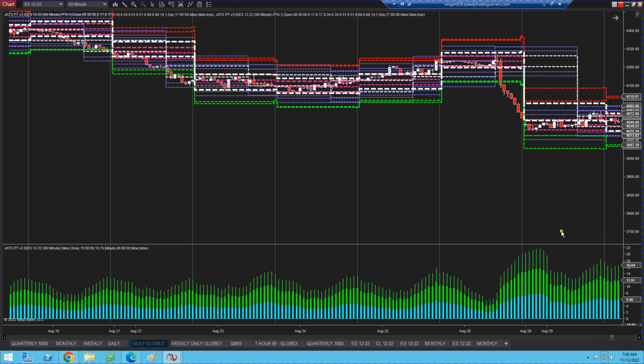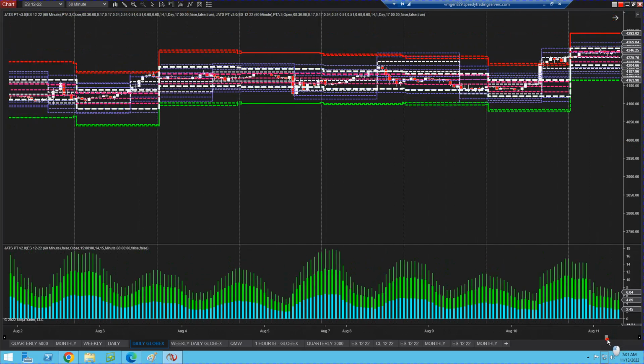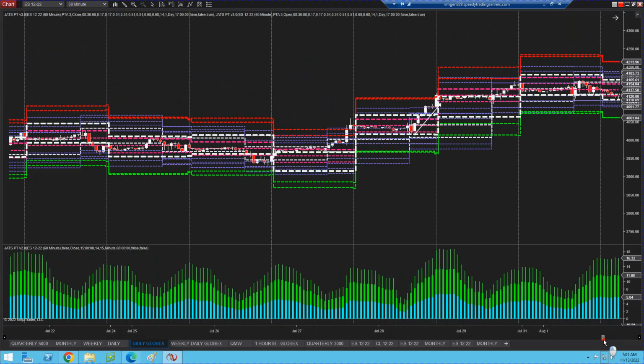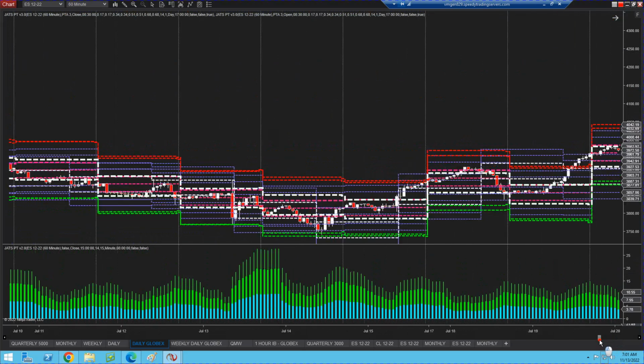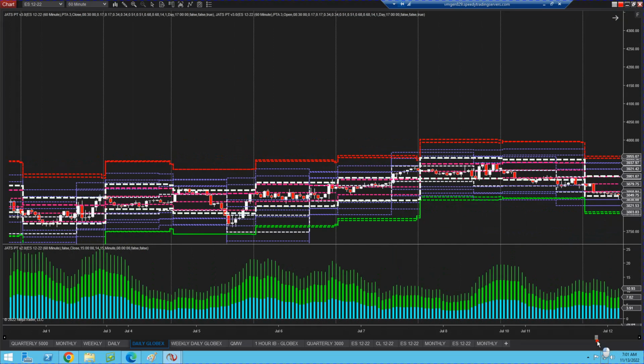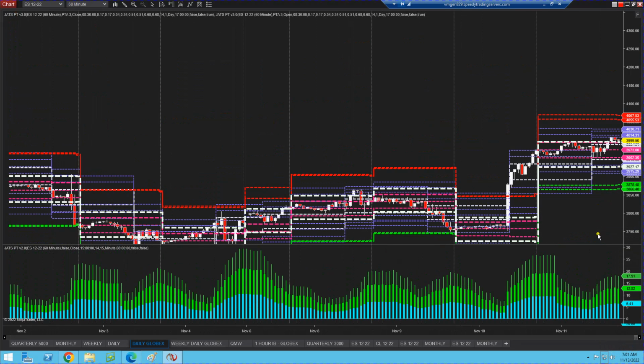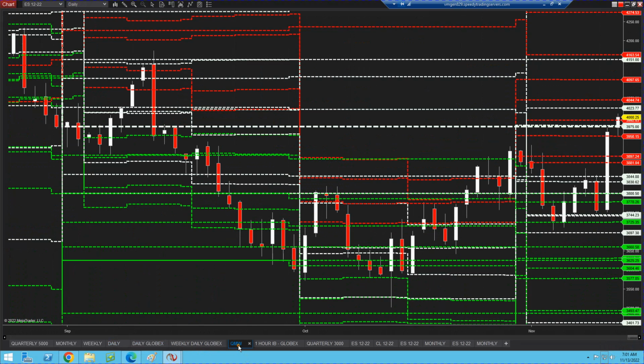Vixpiration, OPEX, those are the one time of the month that you can anticipate a break in the structure. Otherwise, it's a very good strategy to trade the standard deviation bell curve for that reason.